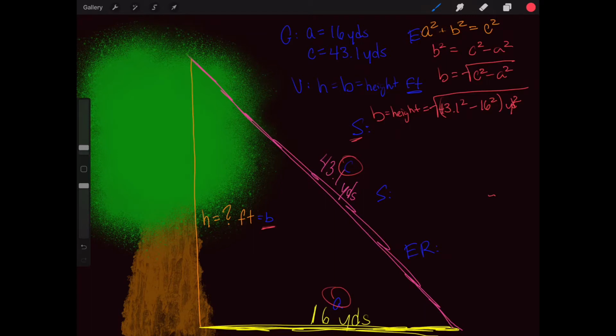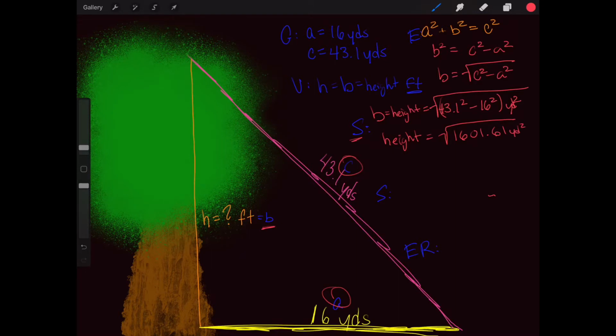Now I plug this in, we get our height, which equals the square root of 1601.61 yards squared.